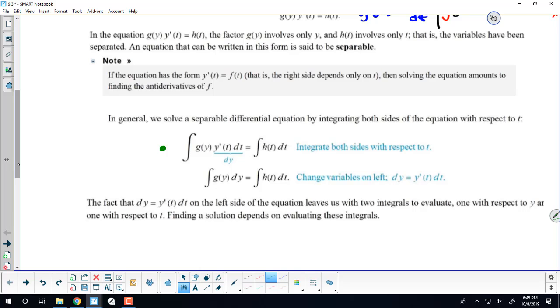The y prime of t dt is just dy from what we set up there. Because y prime is dy over dt times dt. Again, we'll just write that here. This is dy over dt times that dt. So that's just dy. And so that's how we end up with a separation of variables. One variable y on one side, the other variable t on the other side.